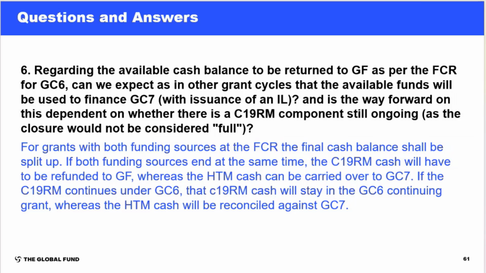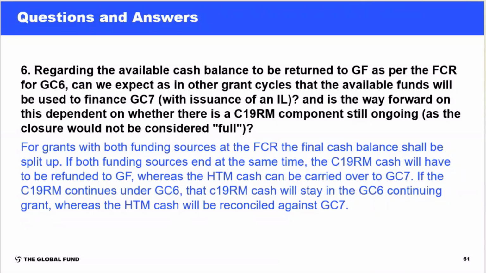So there's two scenarios. Either both funding sources end at the same time, in which case C19M cash will have to be refunded to the Global Fund because that's a different sort of pot of money, let's say. And then the HTM part of the cash will be carried over to GC7 if the PR chooses to carry it over.